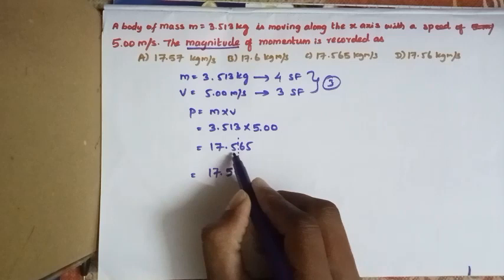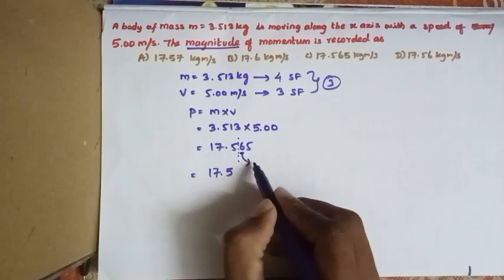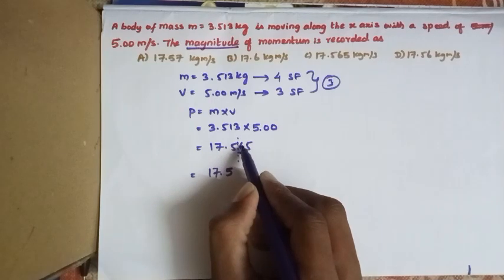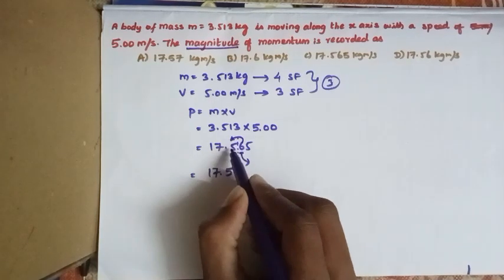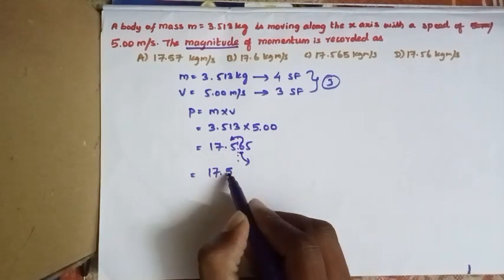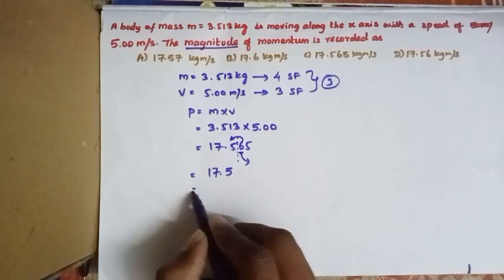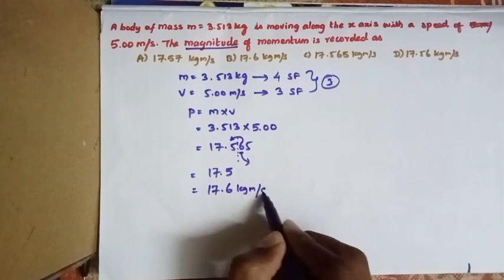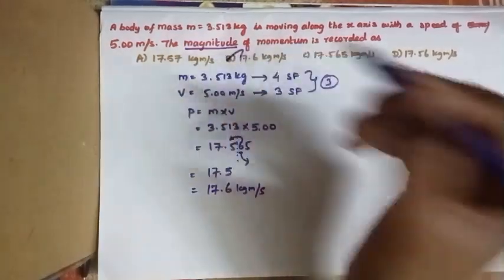Here the digit after the cutoff is greater than 5. Whenever the digit is greater than 5, you add 1 to the previous number. So this 5 becomes 6. So the answer is 17.6 kilogram meter per second, option B.